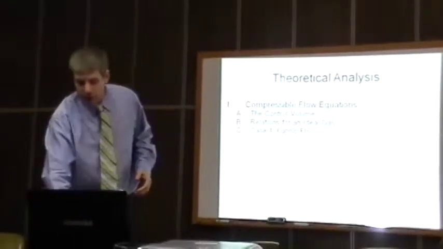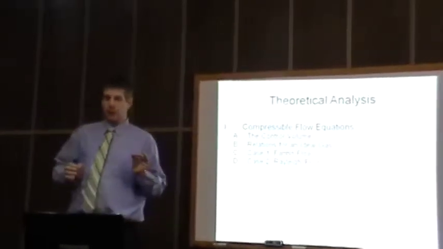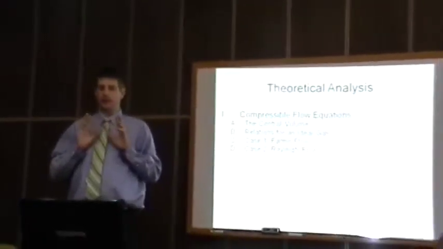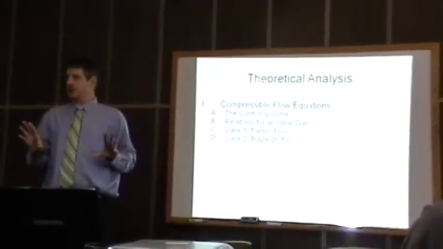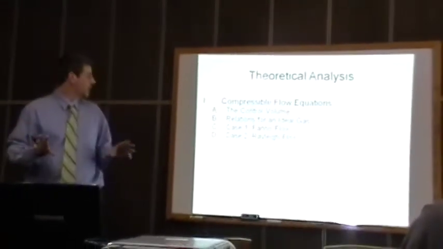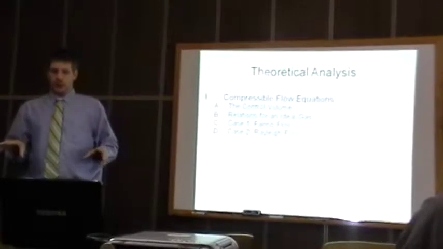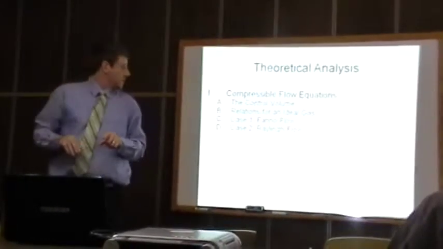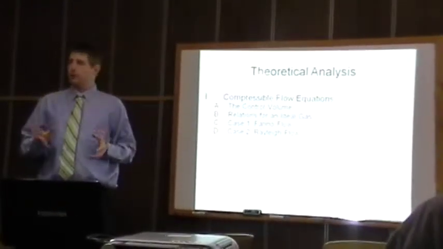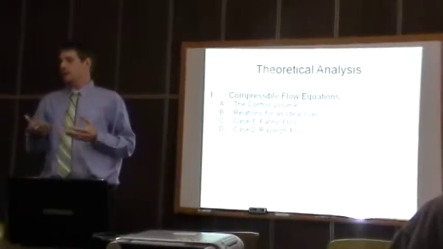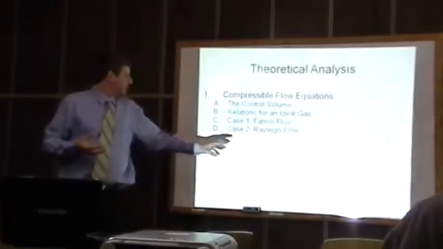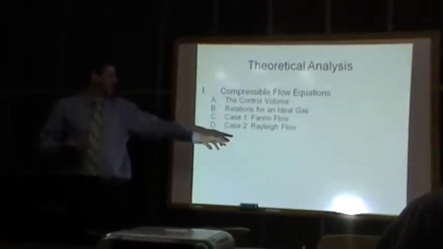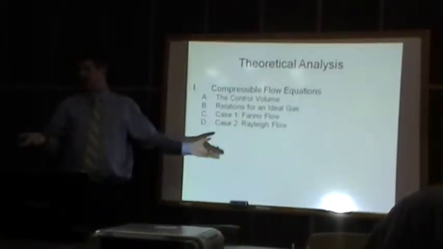Then I'll talk about two specific cases, one called Fanno flow, which is if you just have a compressed gas flowing down a tube where no heat is being transferred and the only changes in energy come from friction of the tube. And then the second case, which is called Rayleigh flow, is heat entering the tube, and there's so much heat entering the tube that you can essentially assume that it's a frictionless pipe.